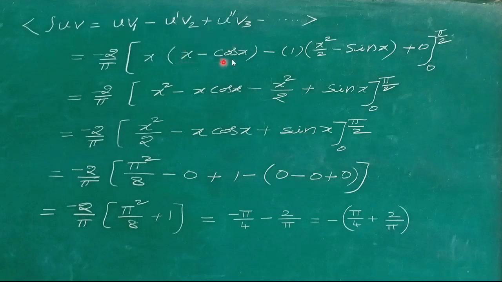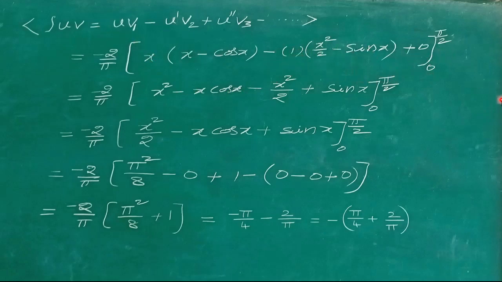One time integration is x minus cos x. Again you can integrate this one: x integration is x square by 2, minus cos x integration is sin x, plus u double dash means 2 times derivative of u. One time derivative is 1, second time derivative is 0. So stop here.